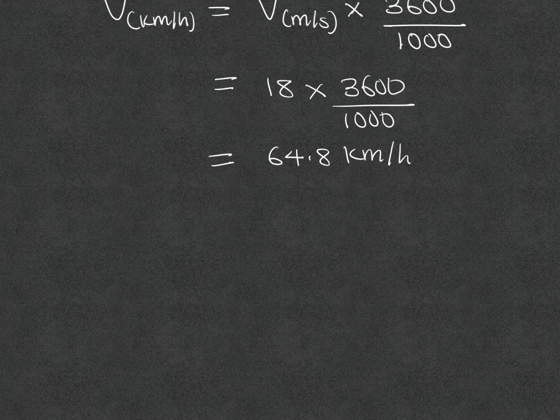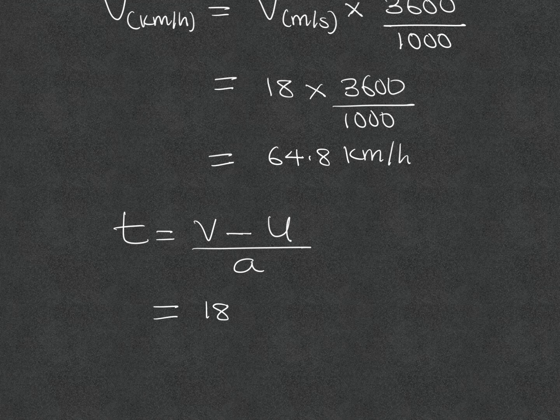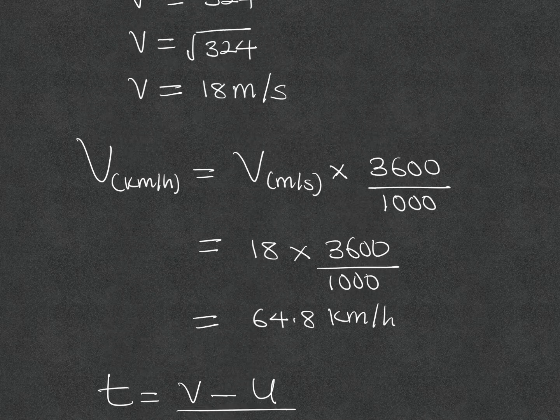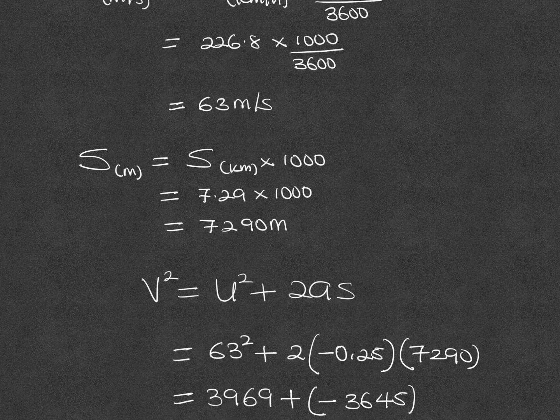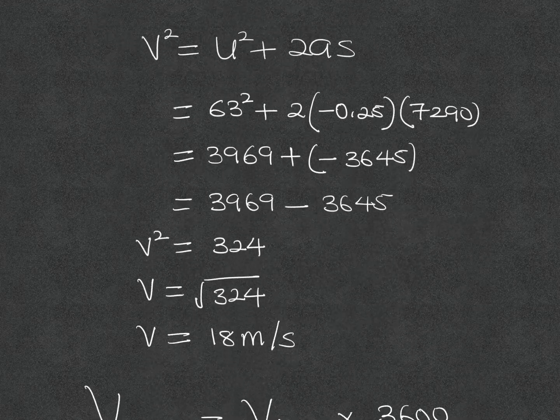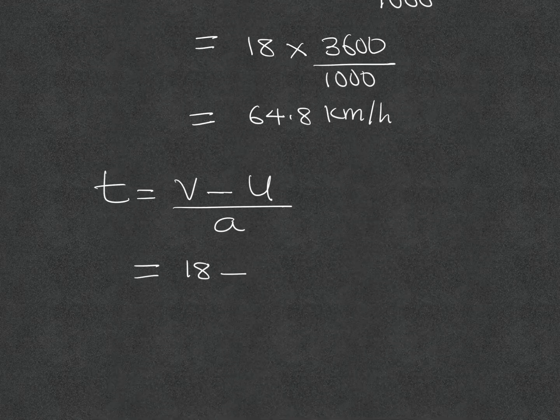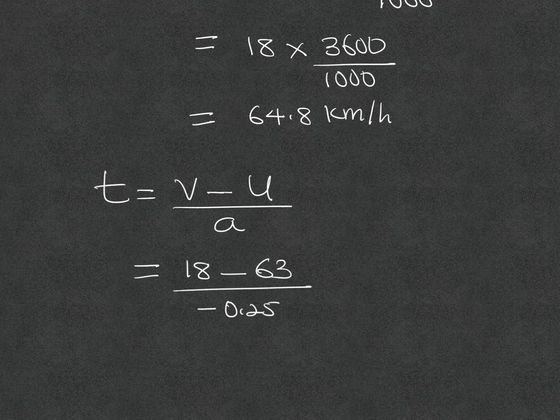All right, now let's try to calculate the time. So we know that time is equal to v minus u divided by a. So that will be the final velocity, which is 18, minus the initial velocity in meters per second, which is 63, divided by the acceleration, which is minus 0.25.